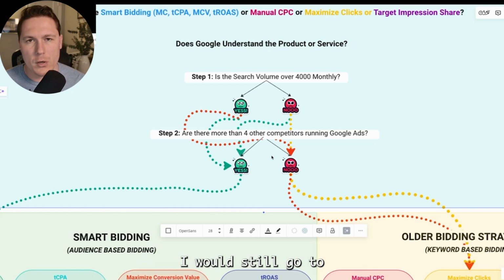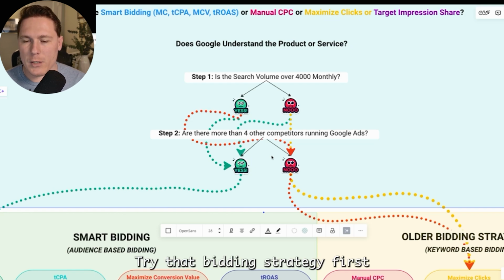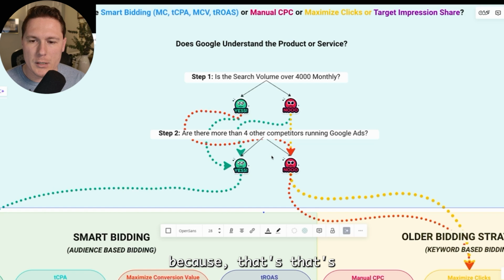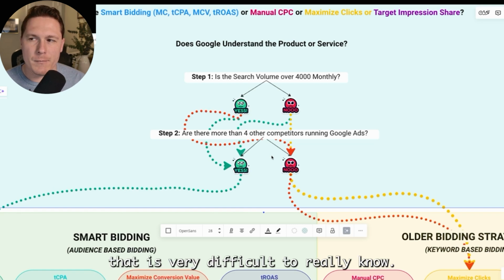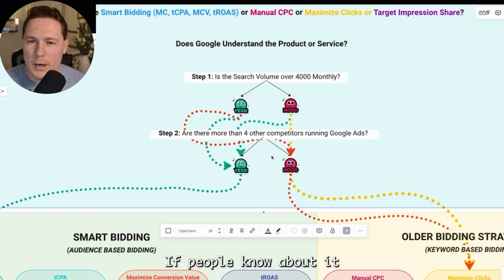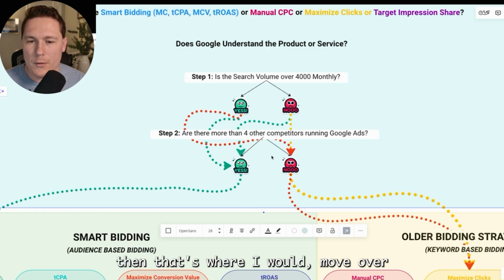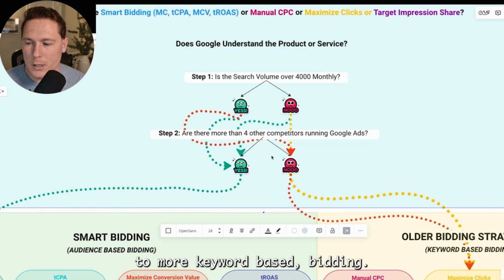I would still go to maximize conversions and try that bidding strategy first, because that's something more common that people understand. But if it's a new product or service where it's very difficult to know if people know about it, then that's where I would move over to more keyword-based bidding. So just be aware of that.